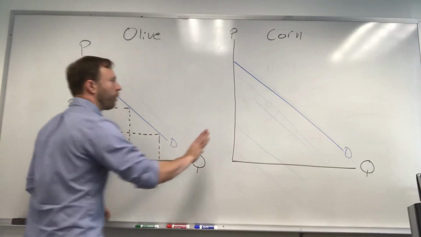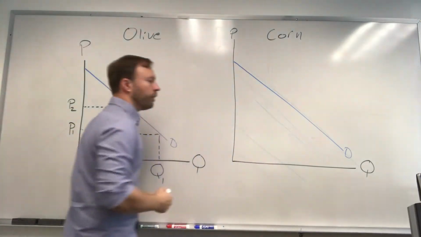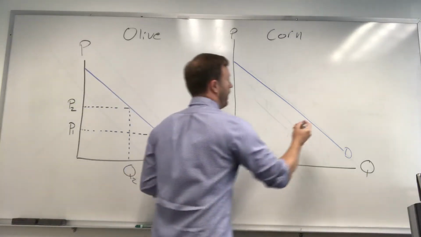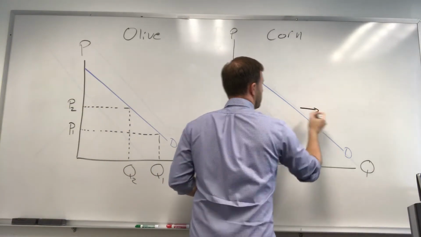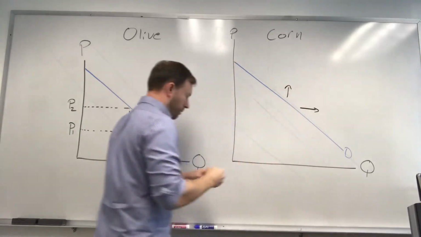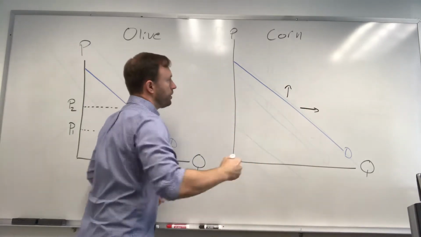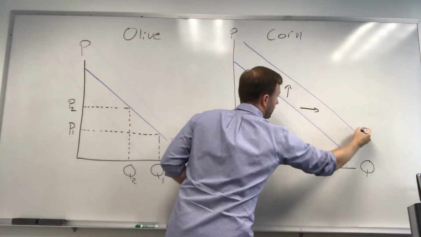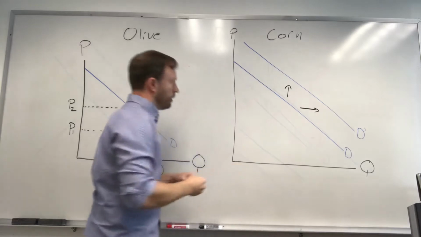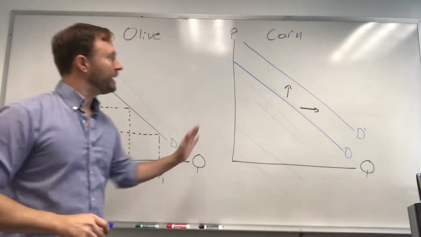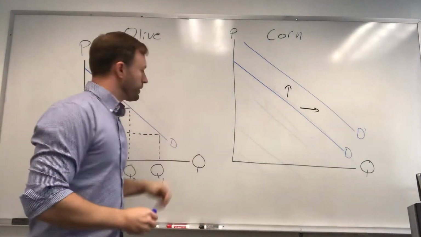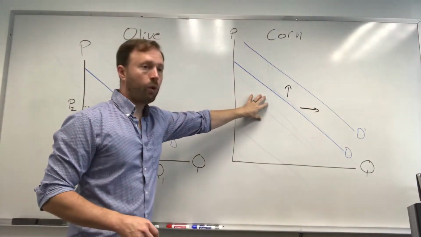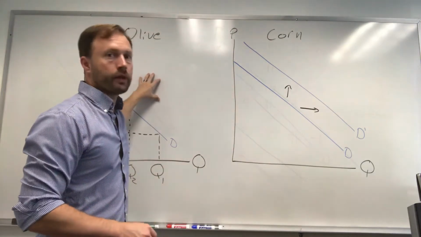Some of them are now going to want to move into the corn oil market instead. And so as this quantity demanded falls, and those consumers start moving into the corn oil market, the demand curve for corn oil is going to shift out to the right. Okay, so there's going to be an increase in demand for corn oil as the price of olive oil goes up.